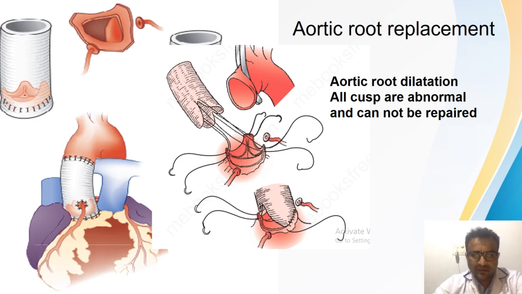If it is a left-sided valve, both coronaries are independently involved, and two grafts on the left side are done. Once the proximal anastomosis is done, the distal anastomosis follows, as I said in the previous slide of ascending aorta replacement. The distal anastomosis is performed the same way.